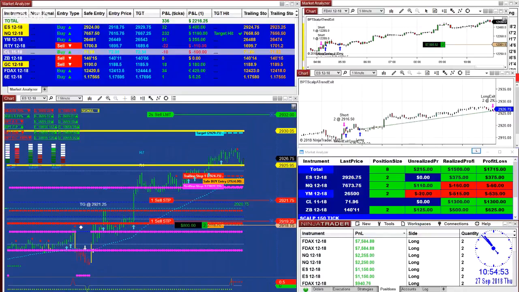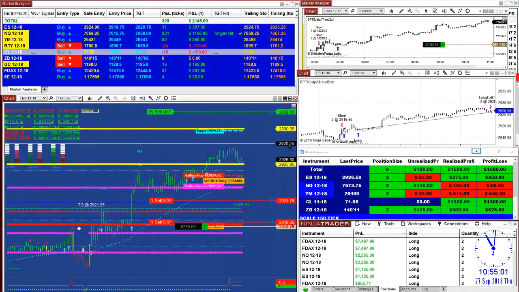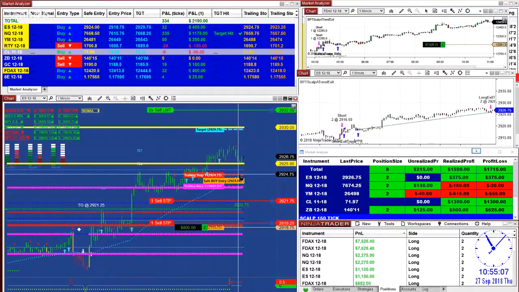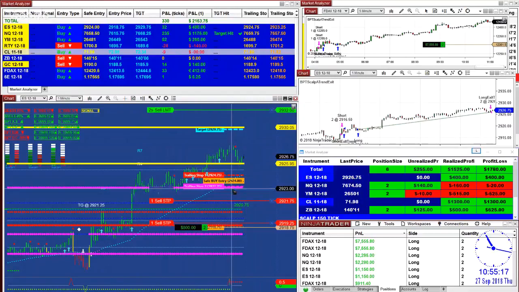Rego, on the ES stop, yeah, if the ES is pulling back, going back to this number here, and you want to move your trend stop while you are on that trade, then move your trend stop.